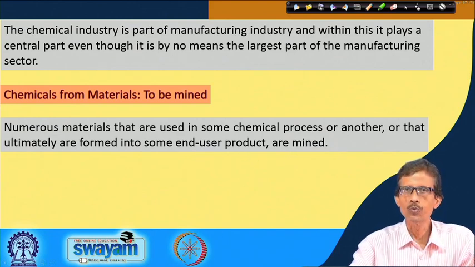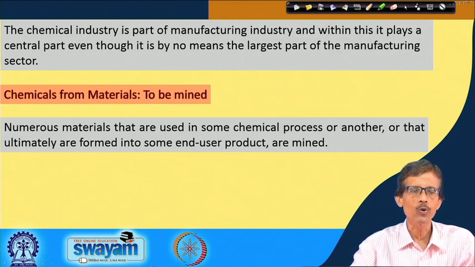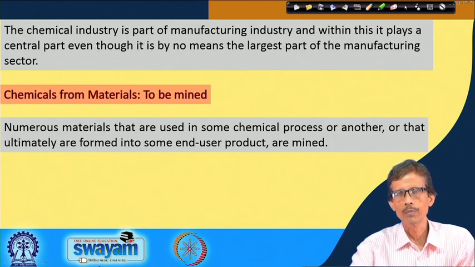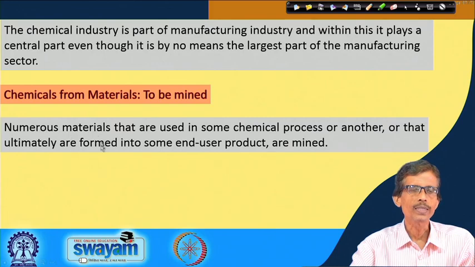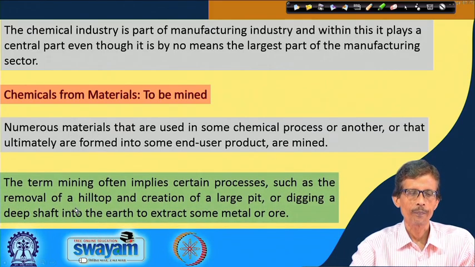That means those which are useful, like your hematite or magnetite or rutile or ilmenite, we will mine only those materials which can give rise to some useful final products. So, numerous materials will be in our hand from what we are mining.